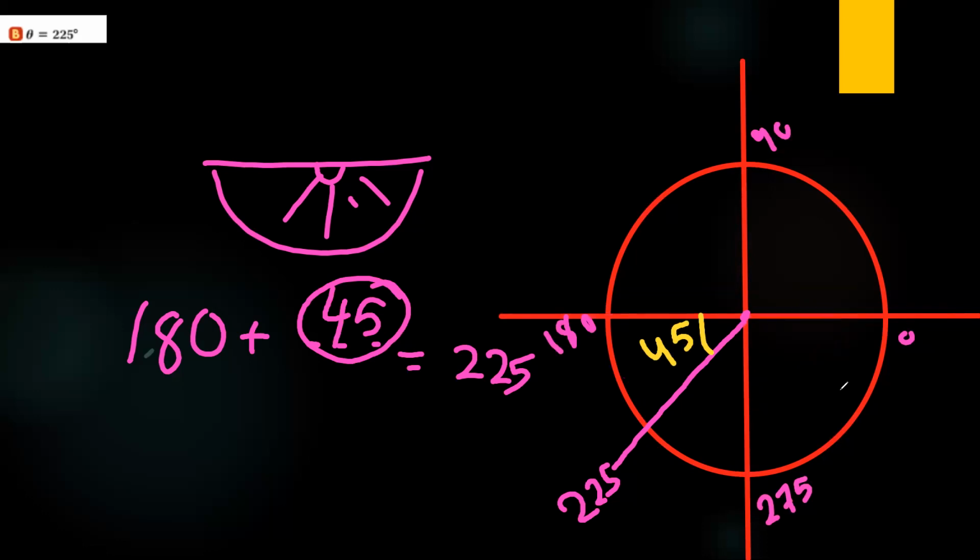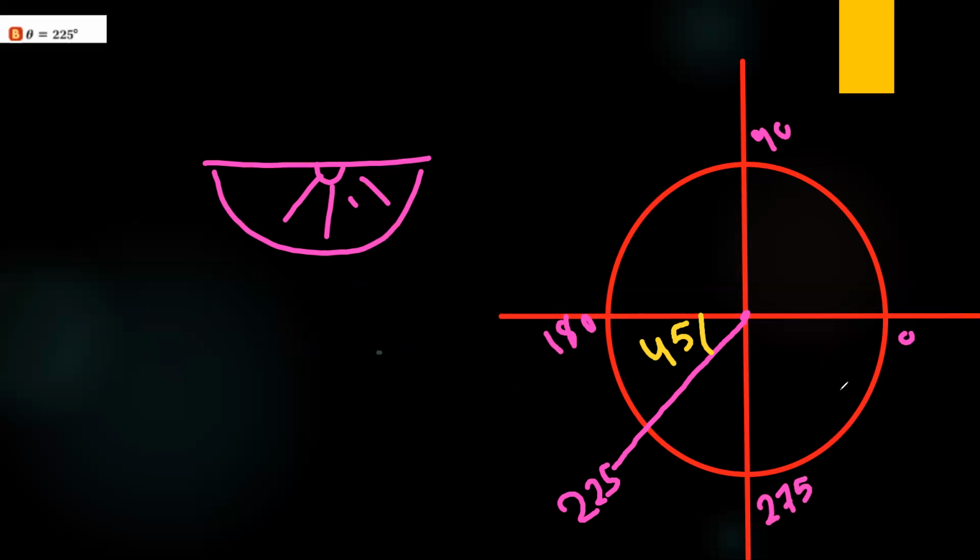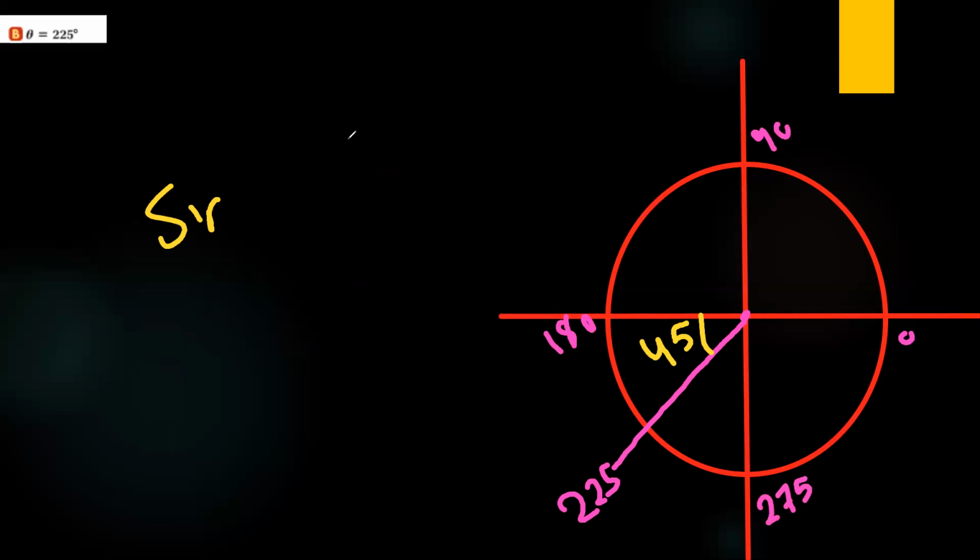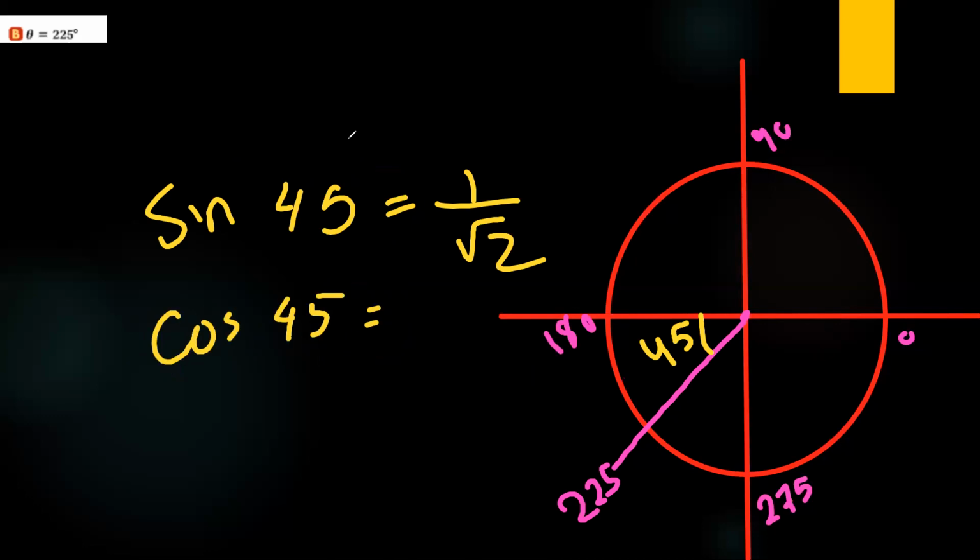After I find this, I now need to find the cosine and the sine. The second step: we said before that the sine of 45 is 1 over square root of 2, and the cosine of 45 is 1 over square root of 2.